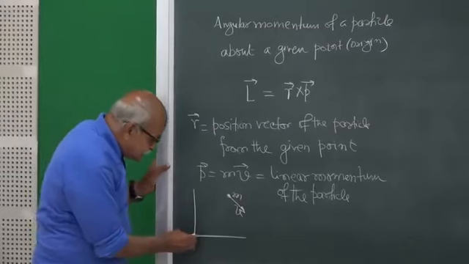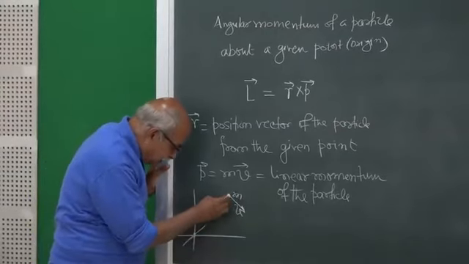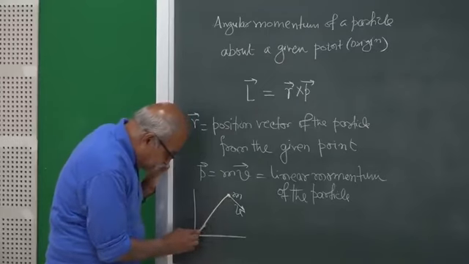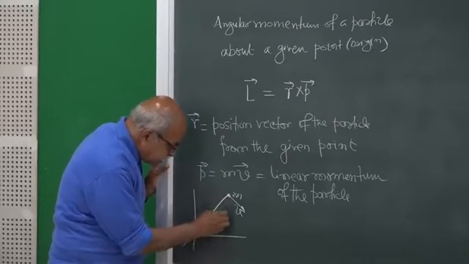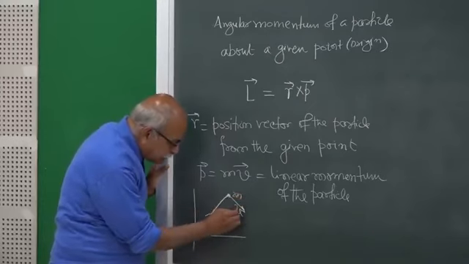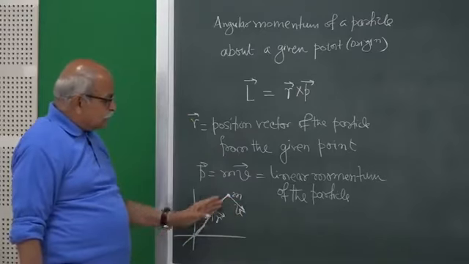From this origin you join that particle, call that vector r, construct this mass times velocity here, and then take the cross product of these two.